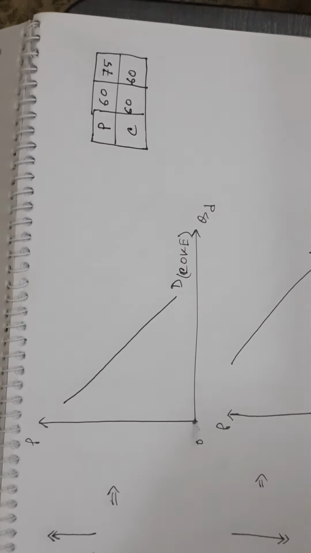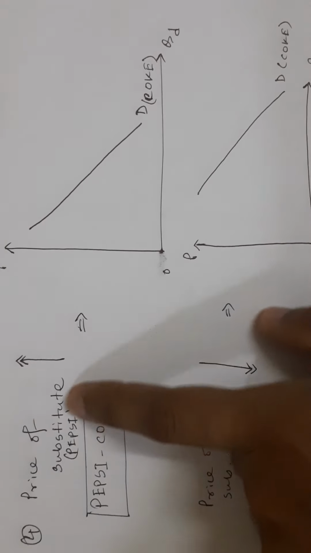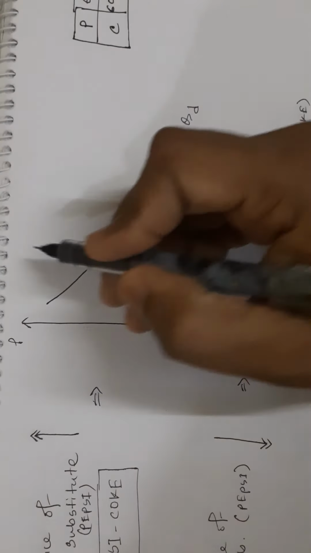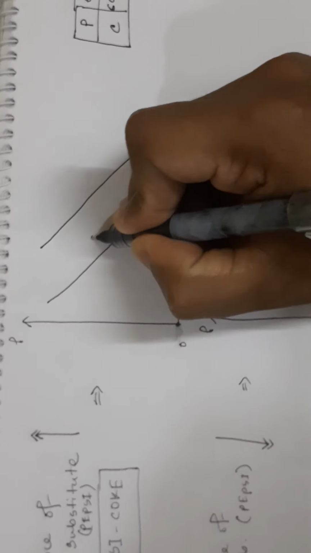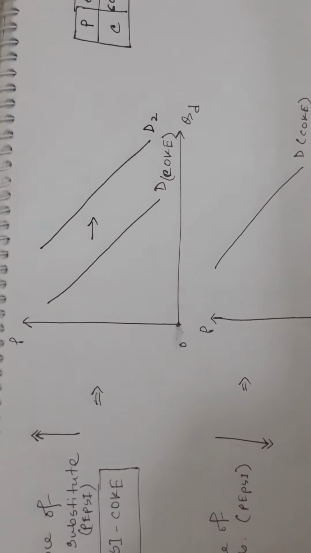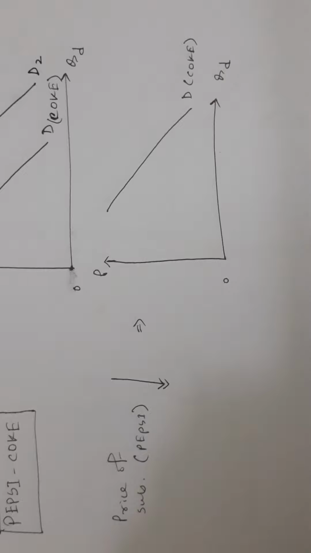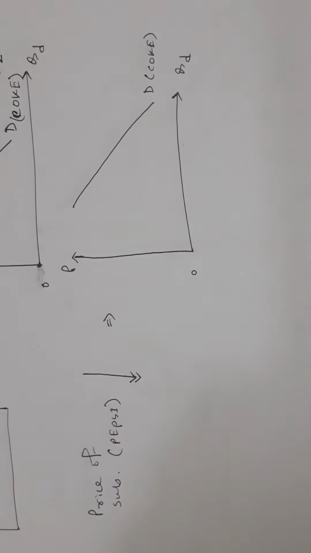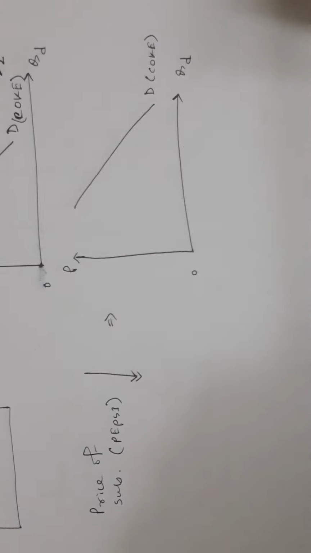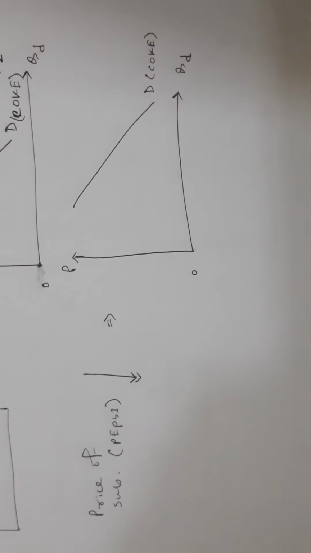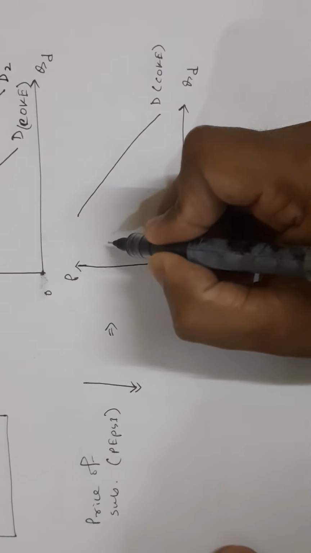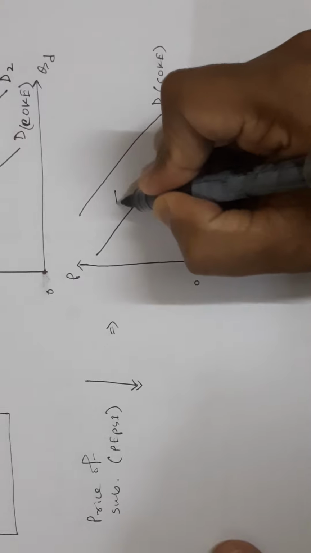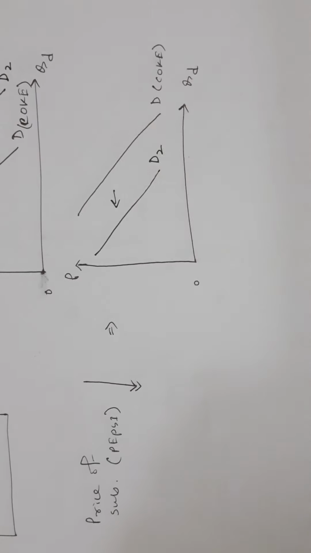and your demand for Coke will rise immediately. So if the price of Pepsi rises, demand for the substitute item will shift to the right. That means demand will increase. On the contrary, if the price of Pepsi falls, for example, below 60 taka, and the price of Coke remains 60, then Coke is expensive now, demand for Coke will fall, and the demand curve will shift to the left.